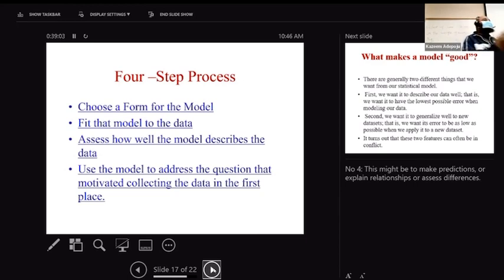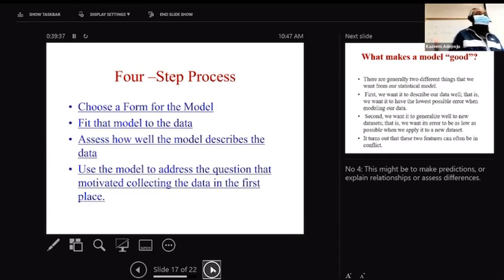How do we choose a form for the model? We have different kinds of statistical models. As time goes on, you're going to hear me talking about the linear regression model, and we're going to talk about logistic regression models. There are different kinds of models around, but before I can choose a model for my data, it means I'm being guided.